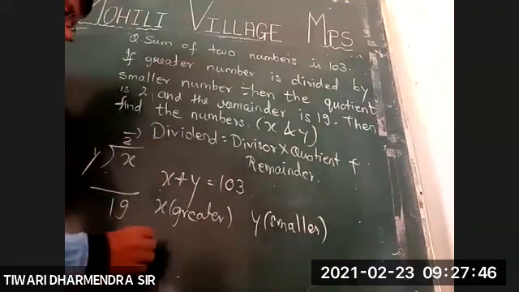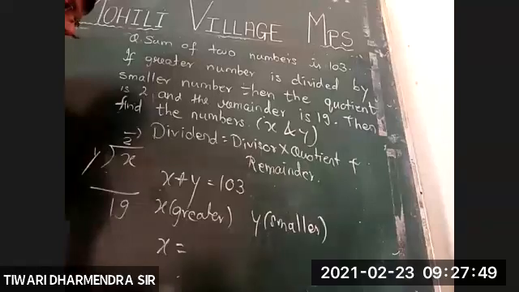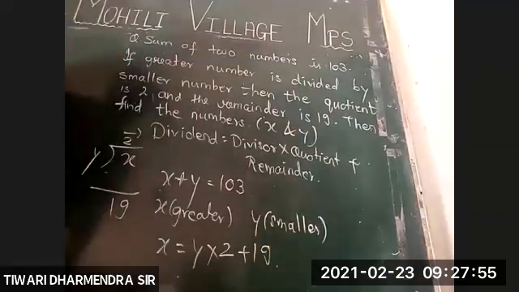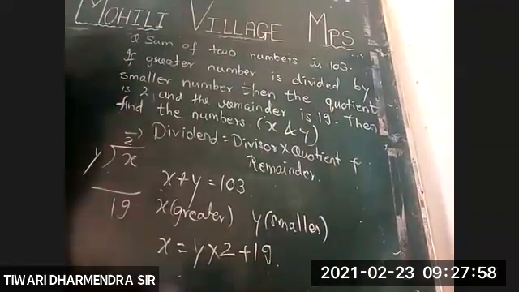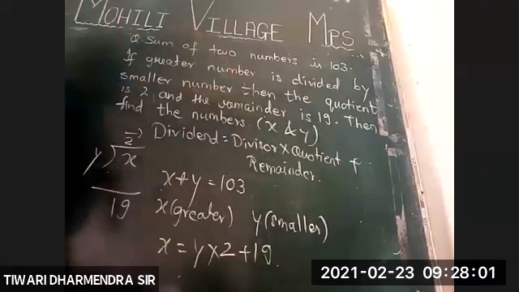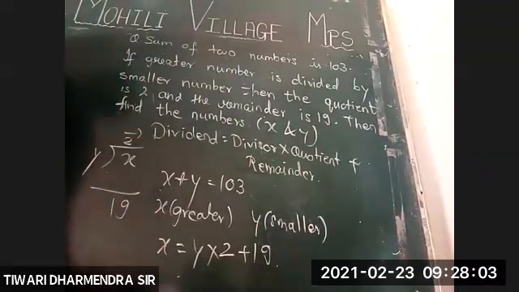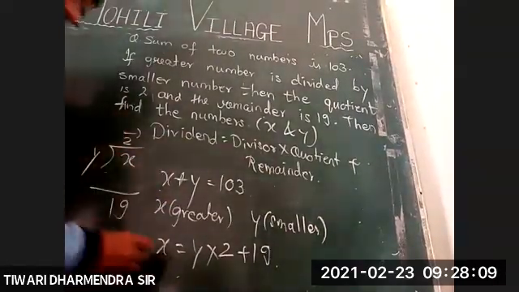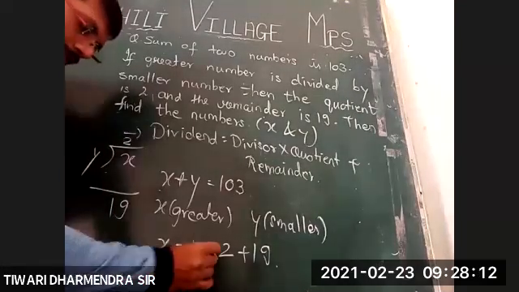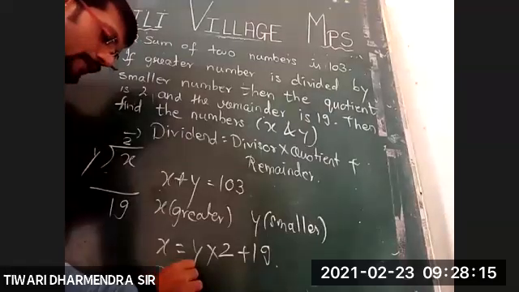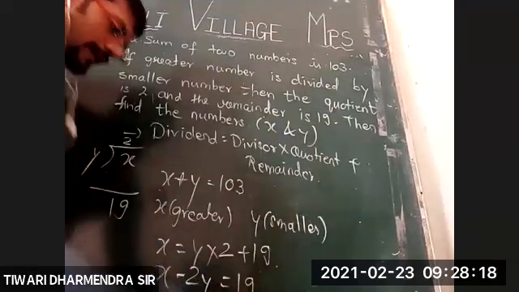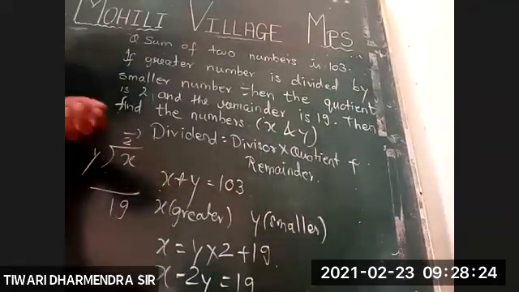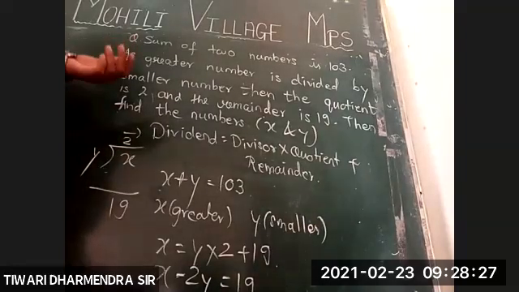So the dividend x can be written as divisor y into quotient 2 plus remainder 19. Taking 2y to the left-hand side, we get x minus 2y is equal to 90. This is my equation number 2. After that, we need to solve this to get the required numbers. Let's start with the solution.